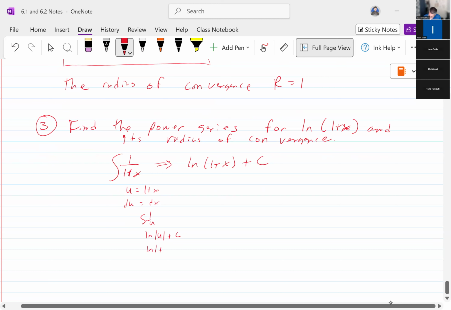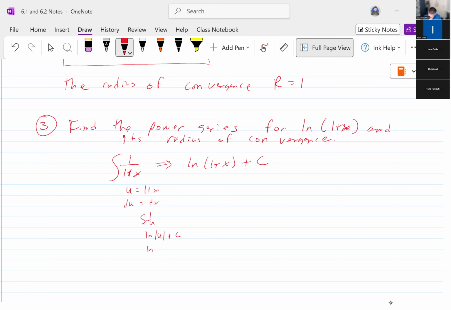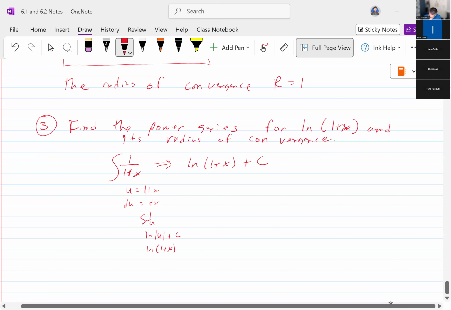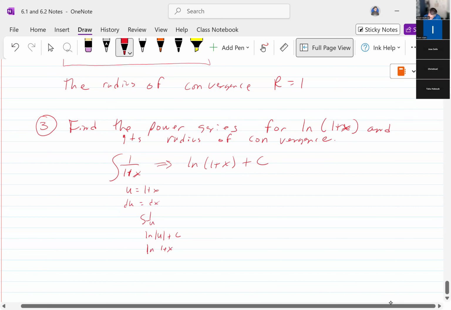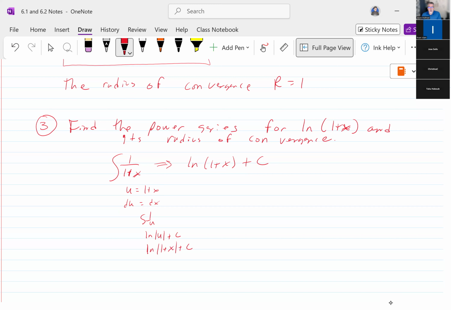Natural log of 1 plus x plus c, right? Again, let me put the absolute value bars in and then explain why we don't need them. So we have the natural log of 1 plus x plus c.